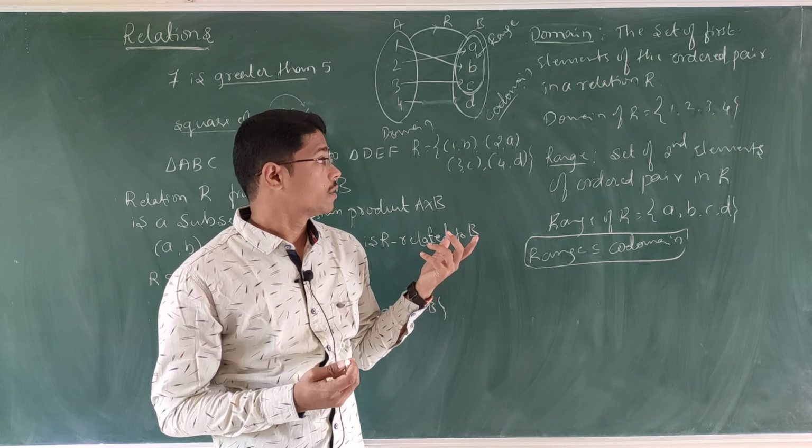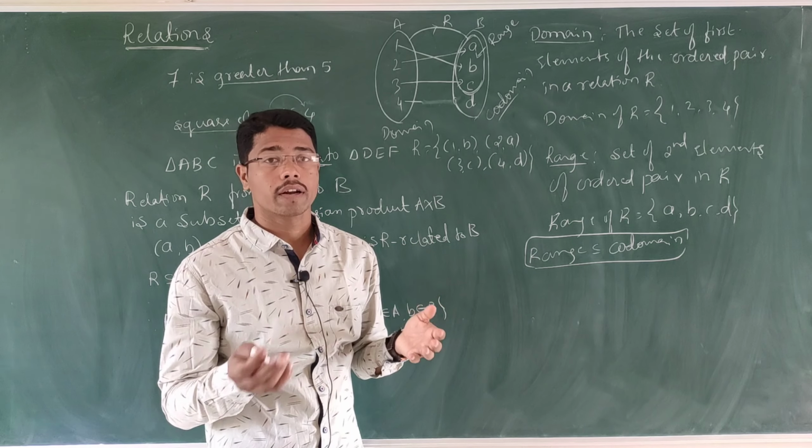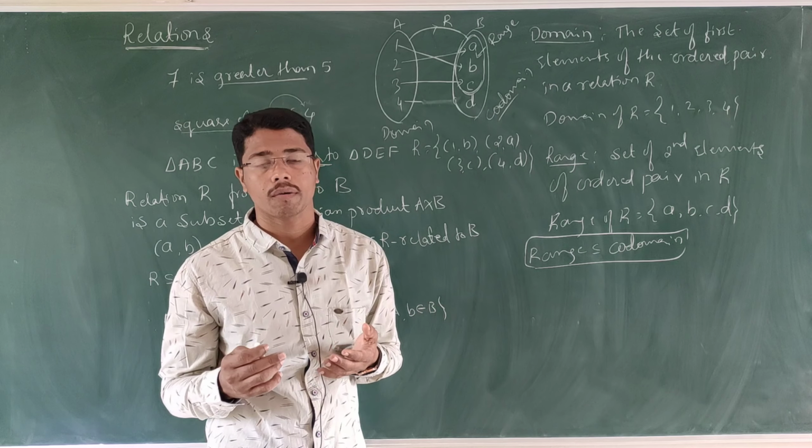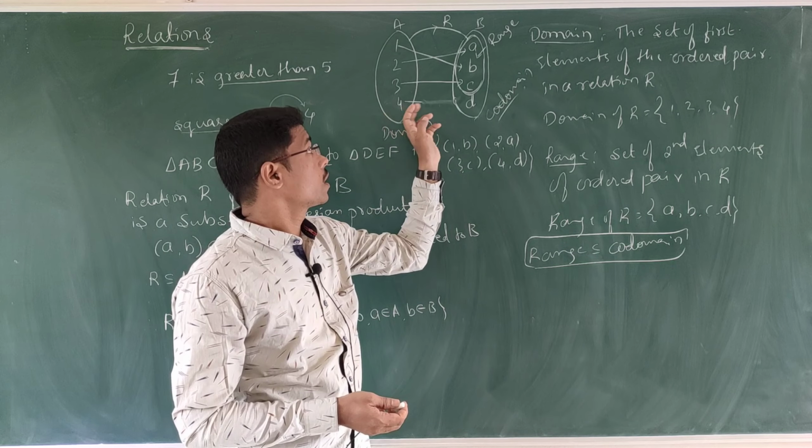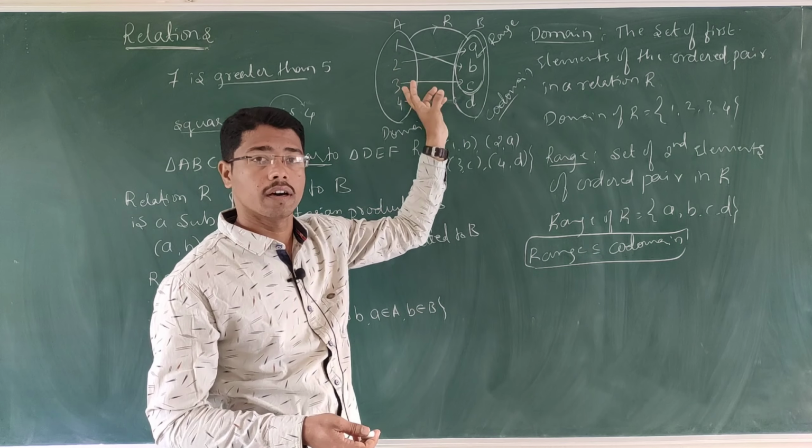The relation we write in set builder form or roster form, and its visual representation is the arrow diagram.